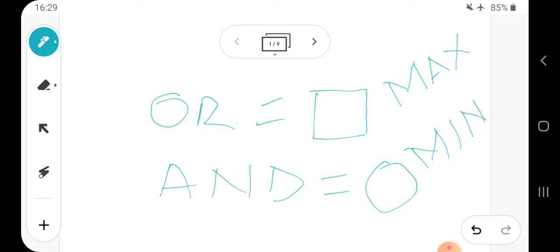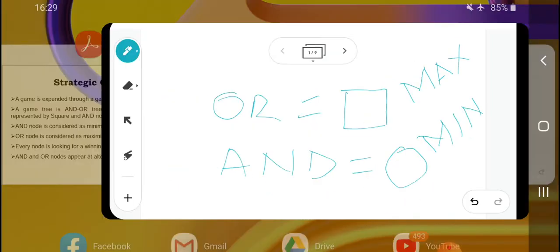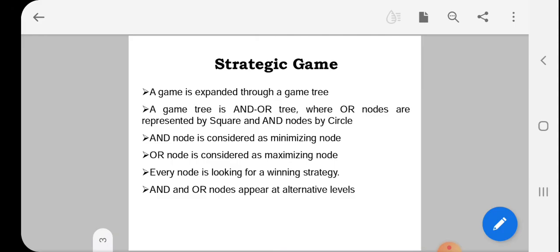In a subsequent lecture, we will see how the game tree values can be maximized or minimized. However, in a two-player game, one player is implemented as a maximizing player and another player is implemented as a minimizing player.